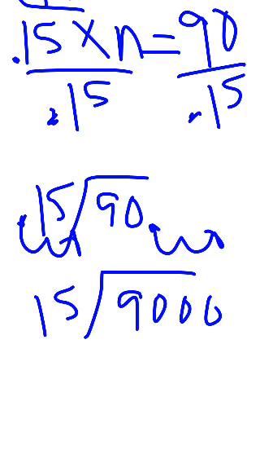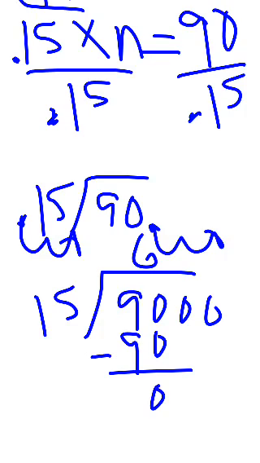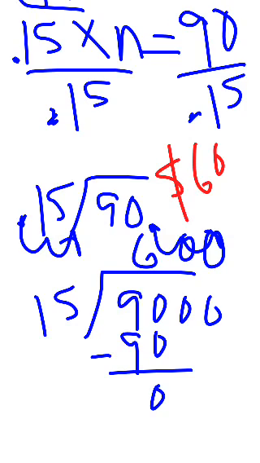And you have to add 2 zeros inside the house. To start, 15 can go into 90 6 times. And really, you don't have to bring down the other zeros. You can actually move them to the top. So our final answer, or the original price, is $600.